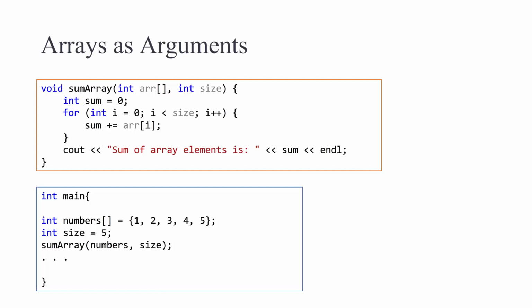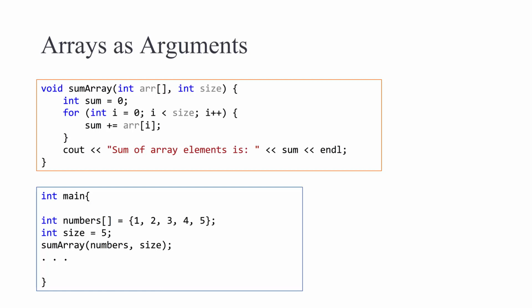The function sumArray takes 2 arguments, an array arr of integers and an integer size that specifies the size of the array. The function then calculates the sum of all of the elements in the array using a for loop and outputs the result.